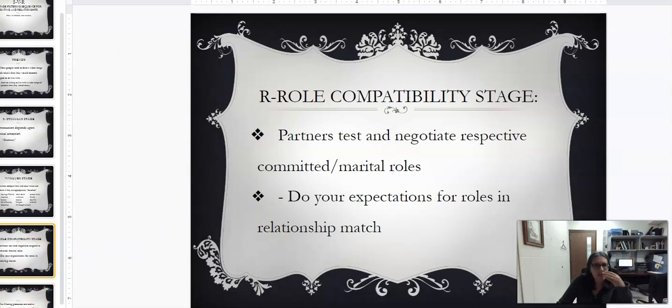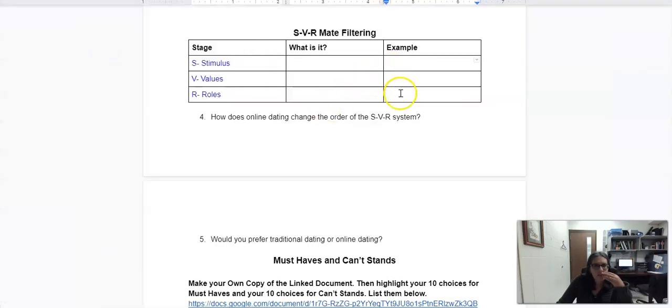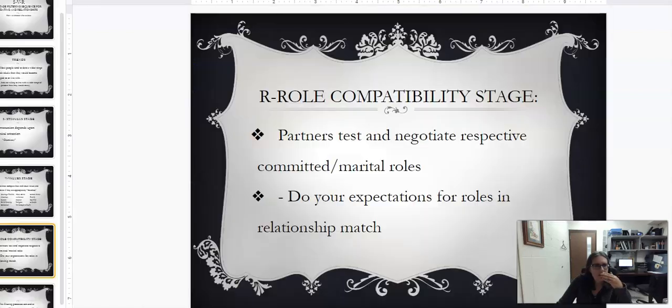For example, sometimes people think, my significant other is going to do the cooking and I'll do the dishes. Or maybe someone is more in charge of communication. This isn't right or wrong; it's what your expectations are and whether they actually match the other person's. A lot of times people don't actually talk about that until way far in the relationship. Okay, so that's that piece.